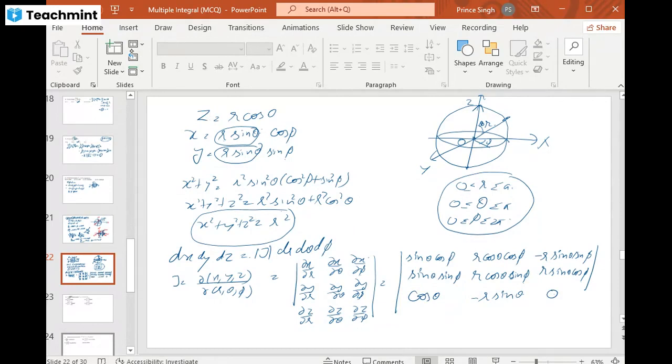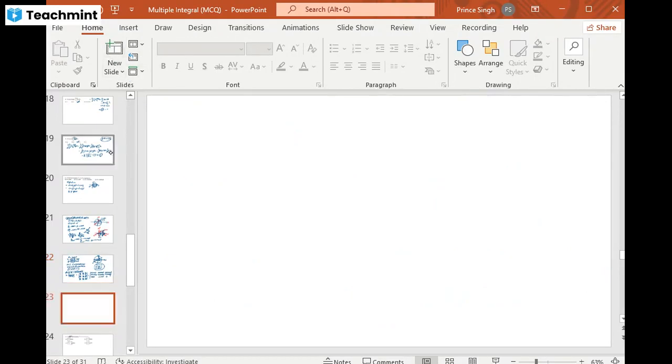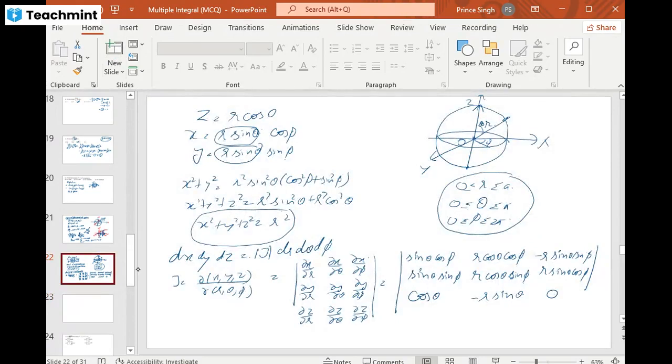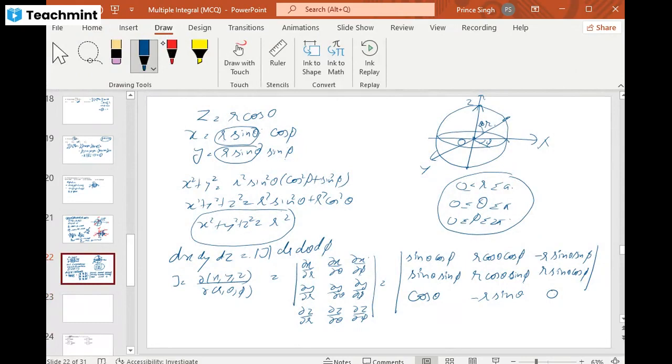Now to calculate this Jacobian, we need to expand this determinant. Suppose I expand it through the third row. What is the coefficient of cos theta? This into this.